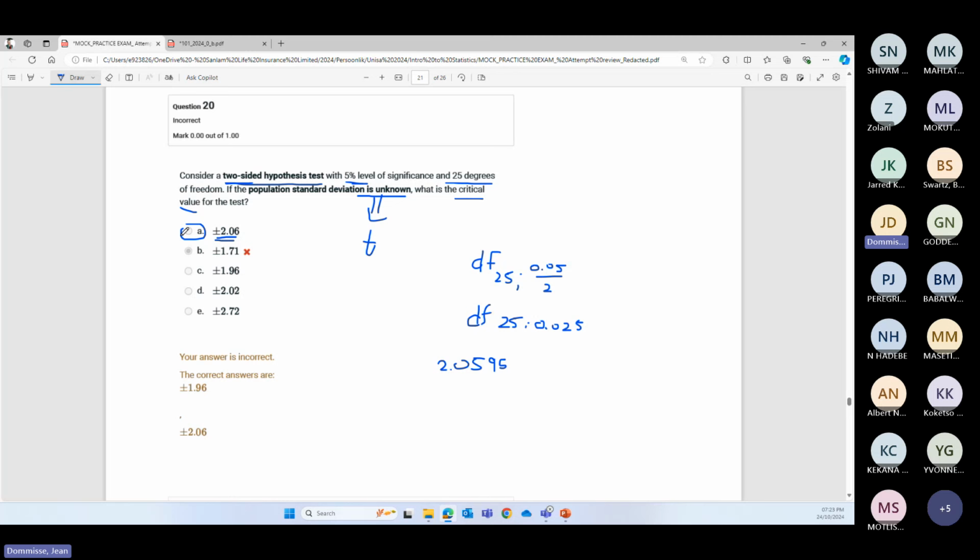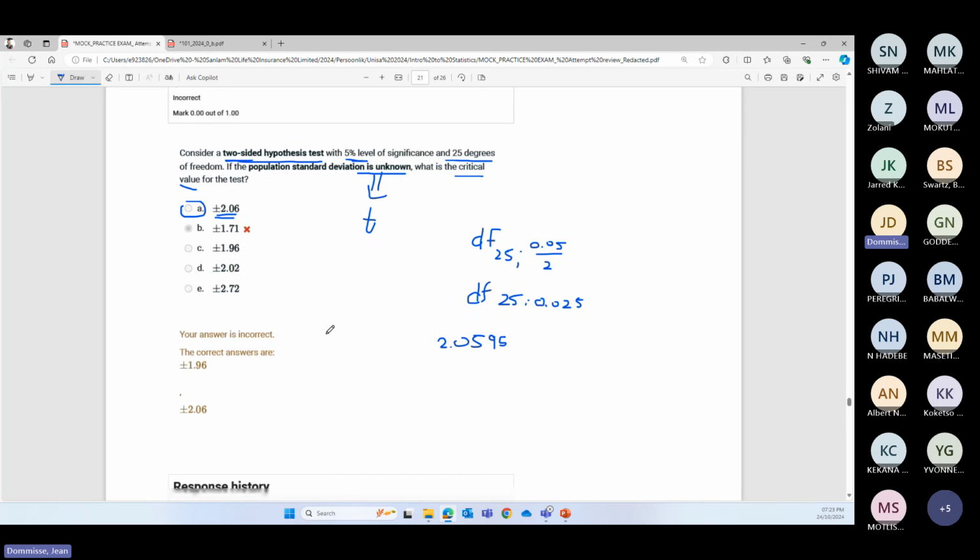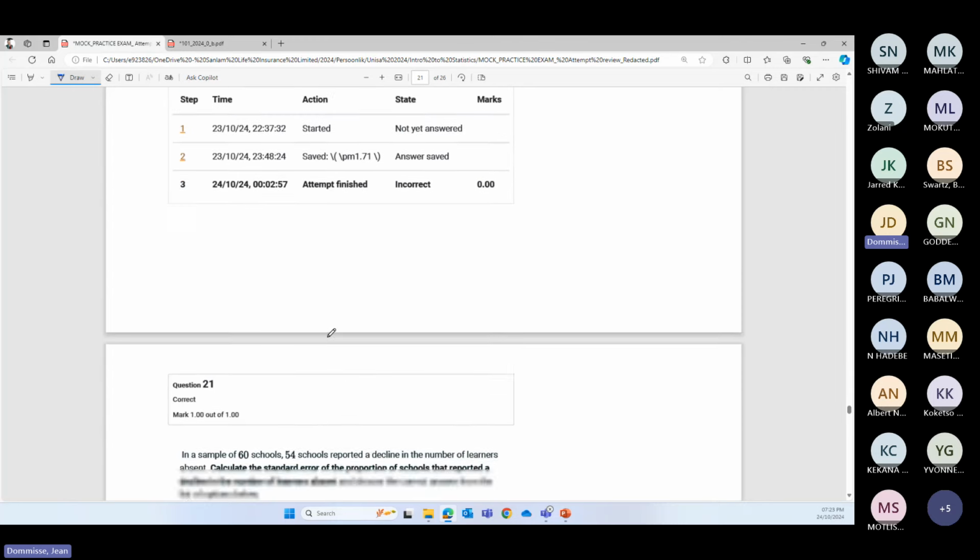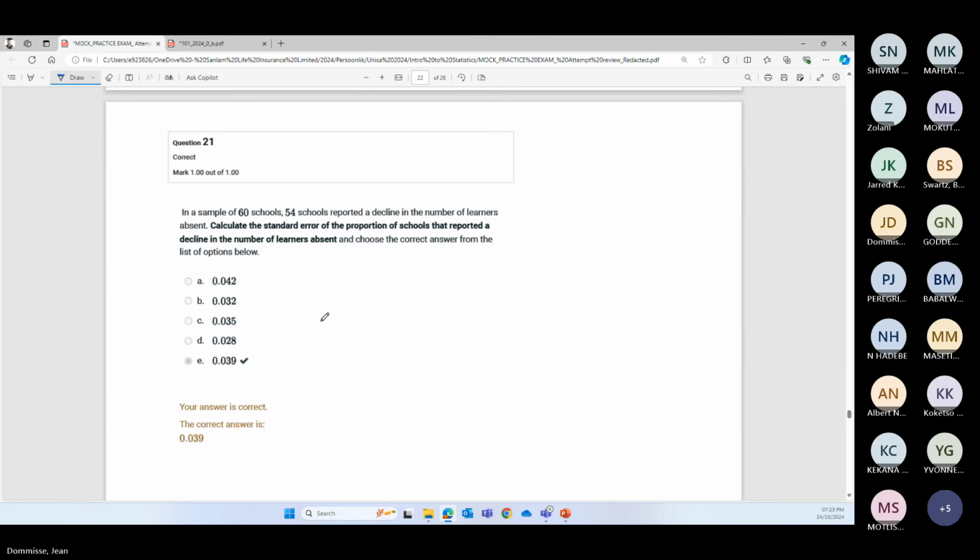Okay, so again, it is important that we work with a T. That's also why they tell you the degrees of freedom, because we need to work with a T. Okay, so this was a bit different to the one we covered last night.